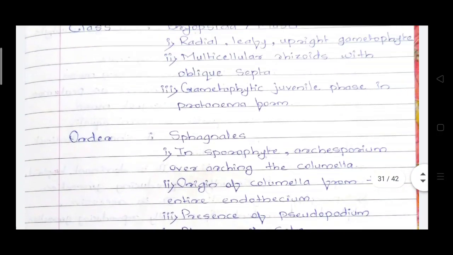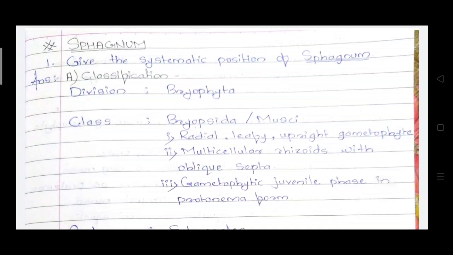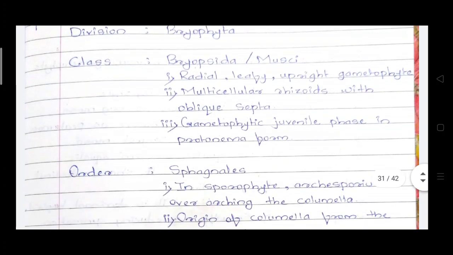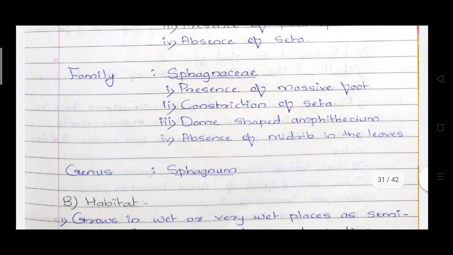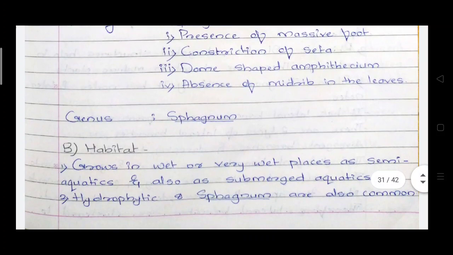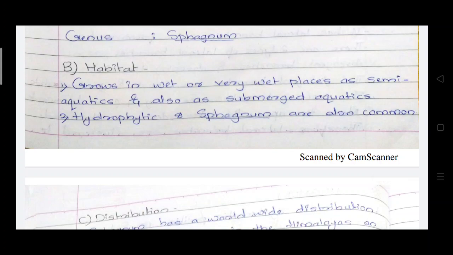So Sphagnum comes under the division Bryophyta, class Bryopsida, order Sphagnales, family Sphagnaceae, and genus Sphagnum. Its habit is mostly to grow in wet and very wet places, as semi-aquatic as well as submerged aquatic plants, and some are also hydrophytic Sphagnums.